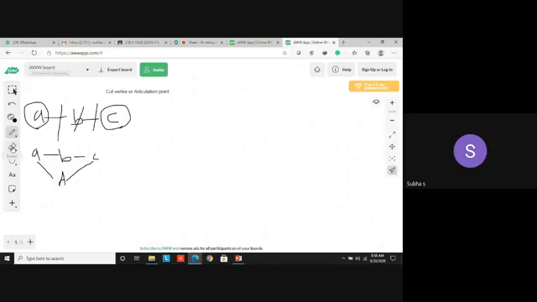So this is your vertex D. Now if I remove B, what will happen? I am going to remove this one.